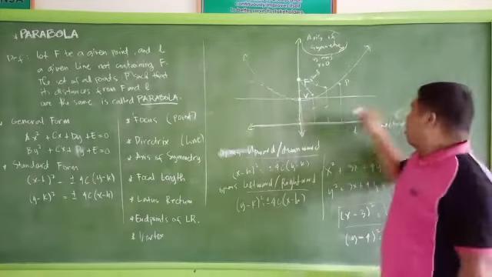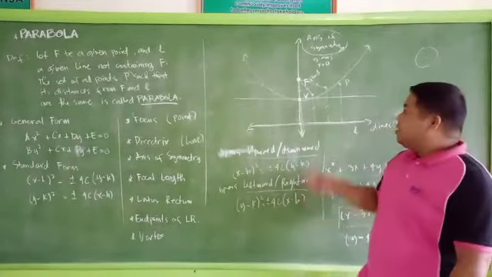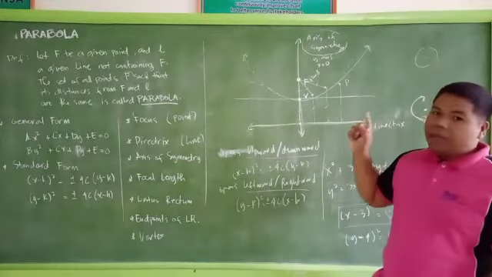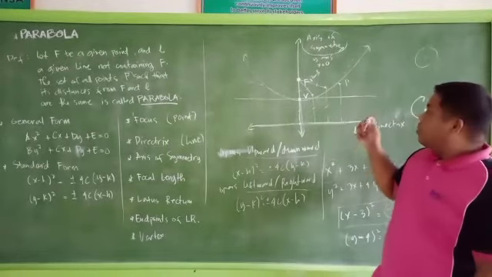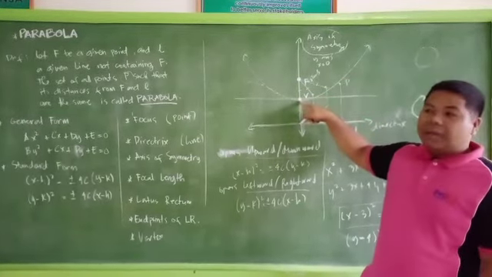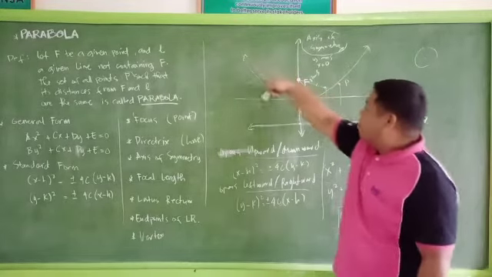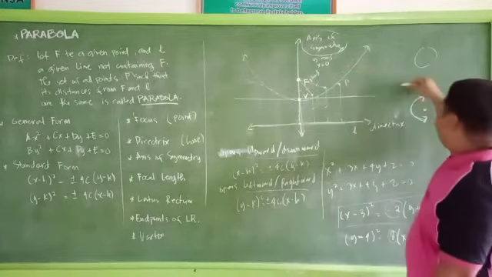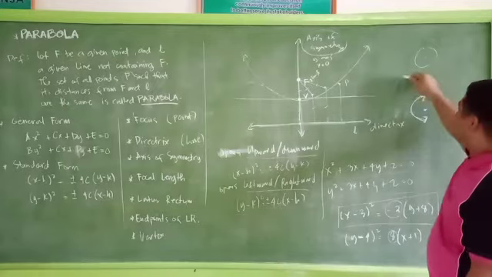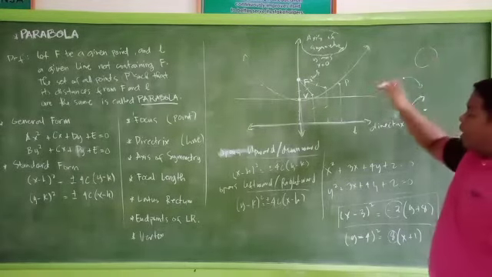Meron tayong circle. Nasa loob yung center, yun yung vertex natin. Sa parabola kasi, since open siya, hindi siya closed figure, so, yung vertex natin must be ito. Parang siya yung minimum point sa parabola if yung parabola natin opens upward. Also, if yung parabola natin opens downward, siya yung pinaka-maximum point.